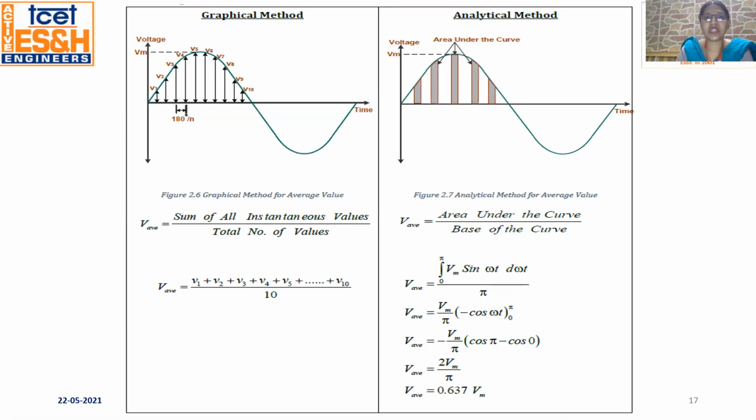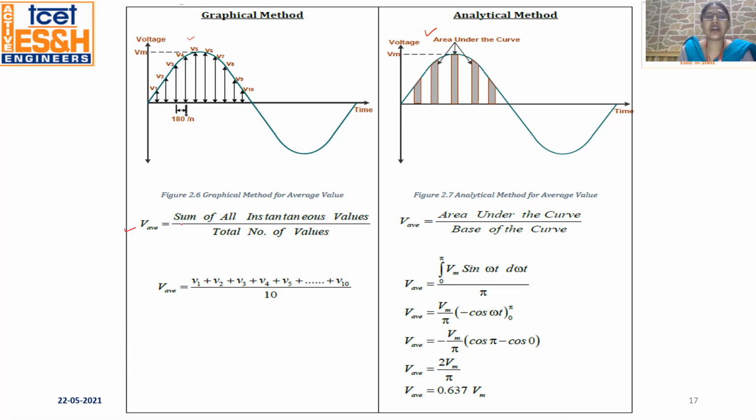Now these are the methods to find the average value. There are two ways, the graphical method and the analytical method. In the graphical method, you take the summation of all the instantaneous values and divide by the number of values taken for the summation.